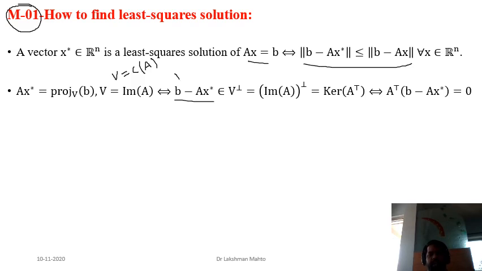And we know that if you take any vector, we can always decompose that vector in two forms. One part we call b parallel or b projection. Another part we call b perp, or the b perpendicular part. So b perp is nothing but b minus the projection of b, or b parallel.